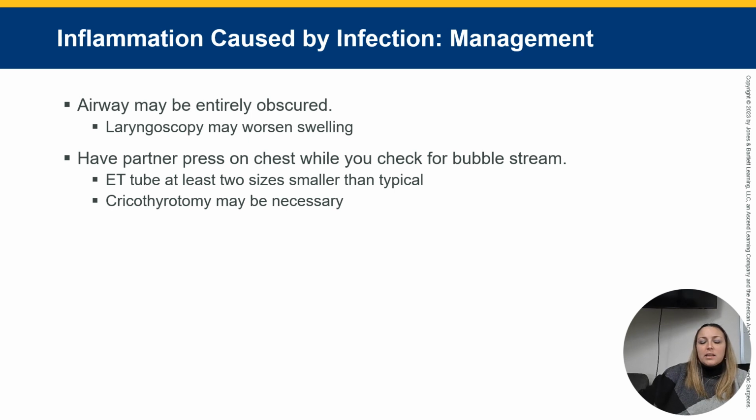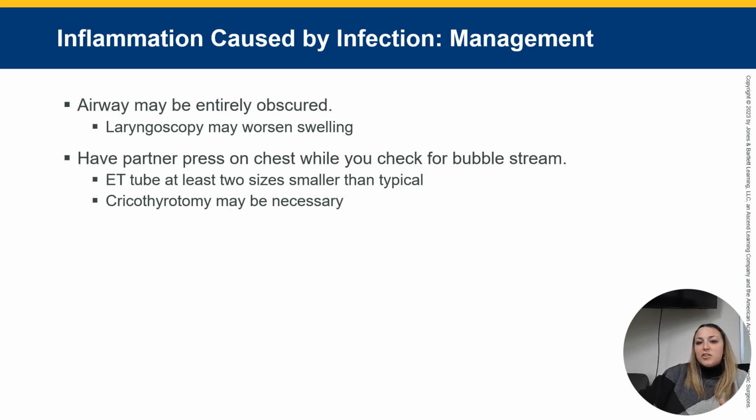Overall, we don't want to try to intubate these patients unless it's our last ditch effort. Anything that you stick in the mouth and throat, including a laryngoscope, can make the swelling worse and can cut down the airway even more. If you do have the need to intubate, you're going to want to grab an endotracheal tube that's at least 2 sizes smaller than normal because there's already swelling in there.